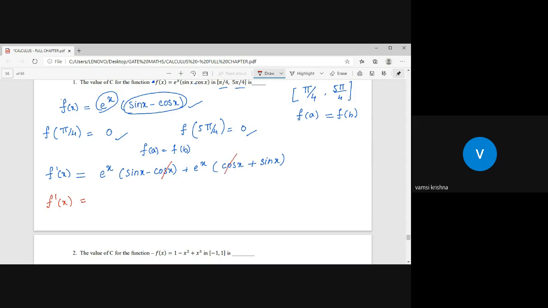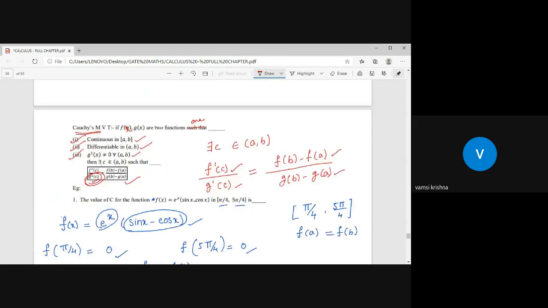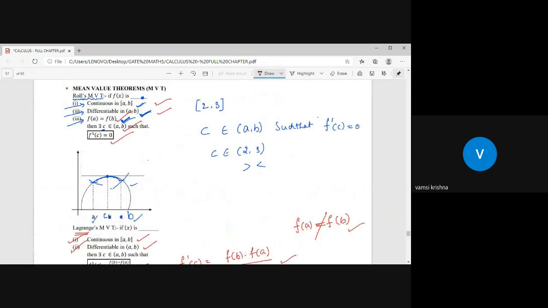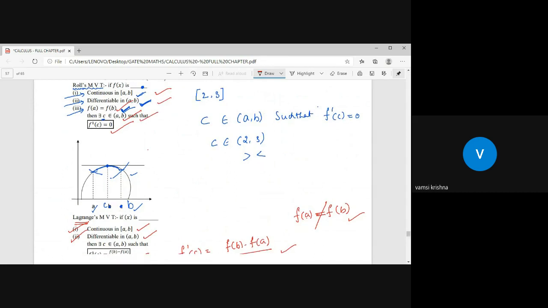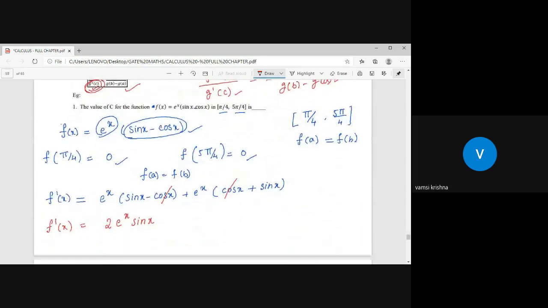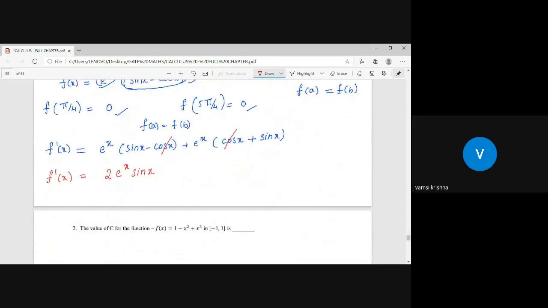And the remaining part is 2 times e power x into sin x. Yes. And remember the Rolle's statement. There exists some c which belongs to AB in such a way that f dash of c is equal to 0.